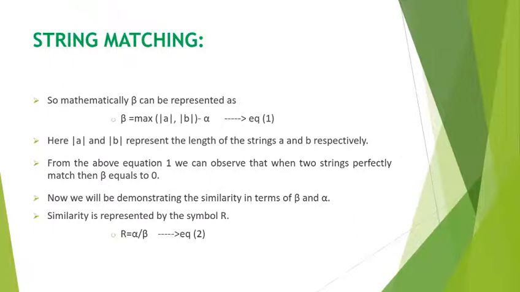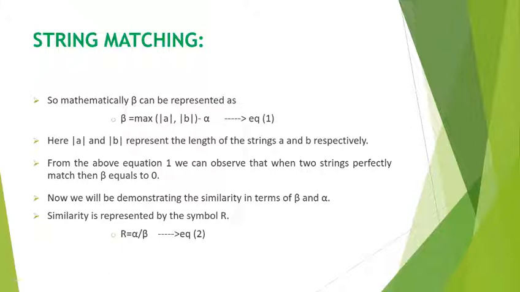Mathematically, beta can be represented as the maximum of the lengths of string A, comma string B, minus alpha, where alpha is the number of characters which are matched in string A and string B. If both strings A and B match perfectly, then beta is equal to 0.